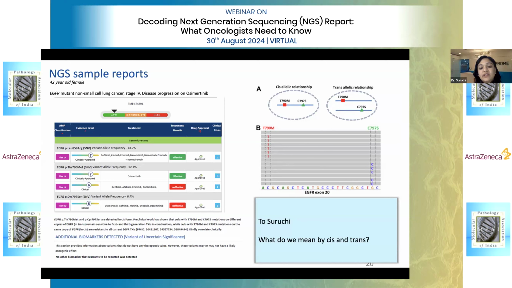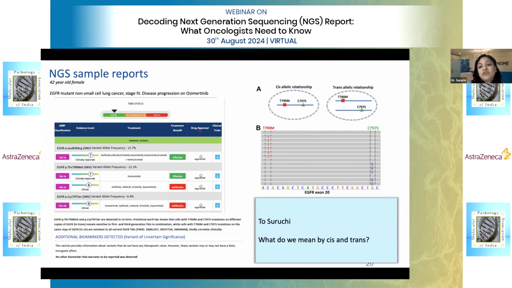Through next generation sequencing. This is an IGV snapshot that I was talking about. When we visualize this particular frame in Integrative Genomics Viewer, because these mutations are adjacent, they can be visualized in a single frame. And we can know whether it is coming on the same read. In this picture, it is coming on different reads, so this is trans. But if the T and C change had been coming on the same read, it would have been cis.